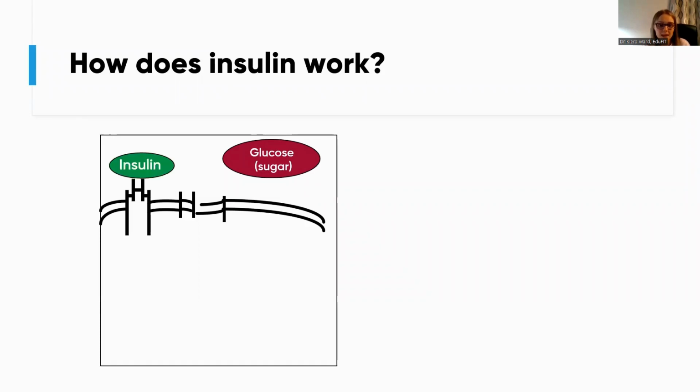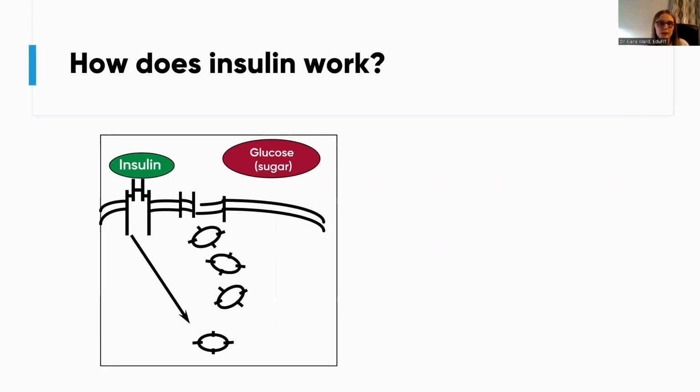What happens then is our insulin will bind to the receptor on the outer surface of the muscle cell, and this causes a big cascade, lots and lots of downstream signaling. But specifically, there are sugar or glucose receptors in our muscle cell.